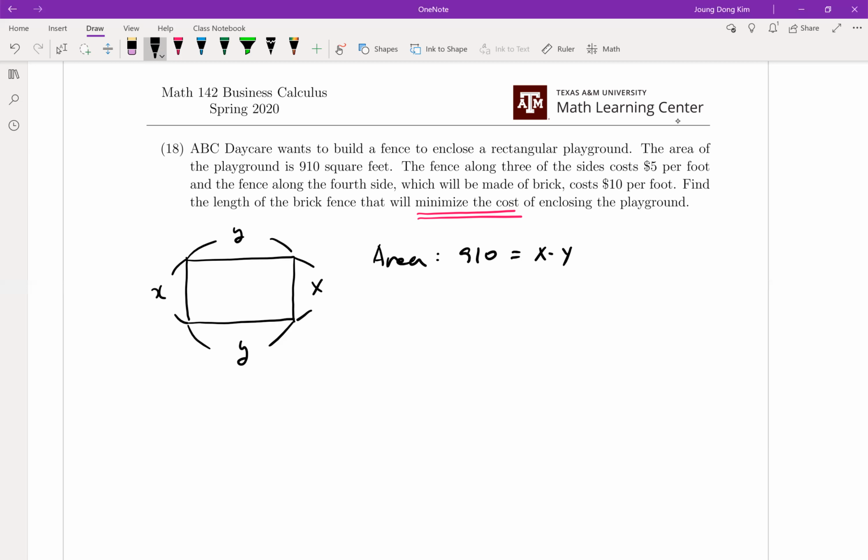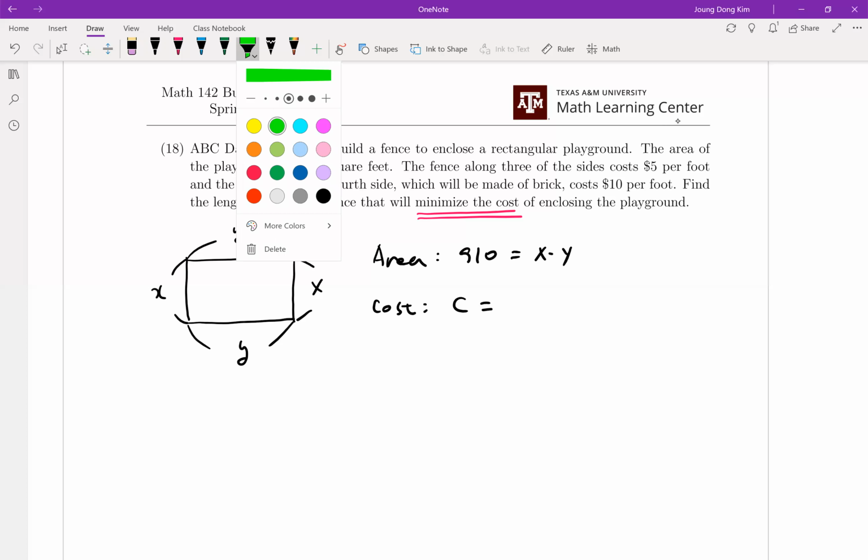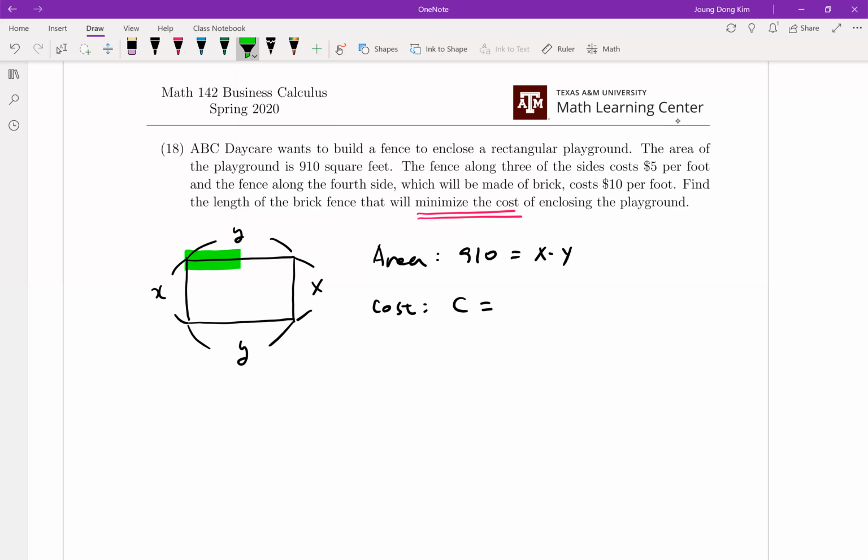So my target function, which is the cost function, is, let's look at that. They said 3 sides cost $5 per foot. So let me decide 3 sides this way: maybe this side, and this side.